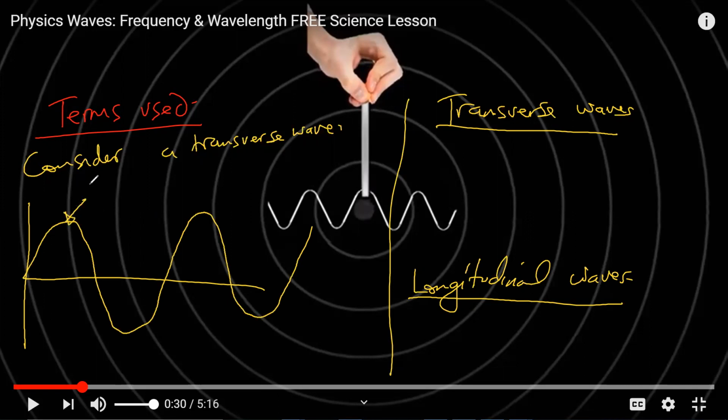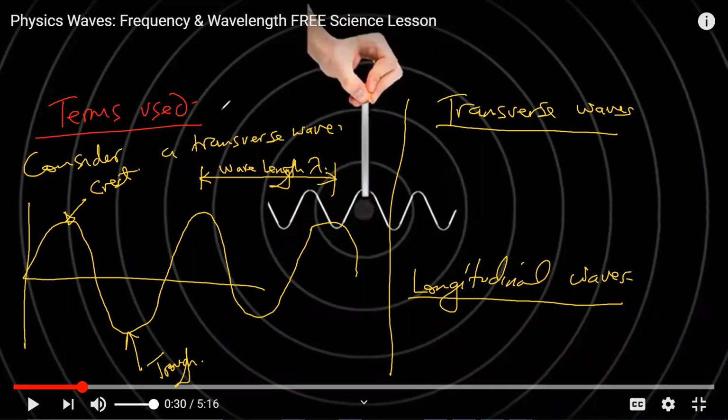What name do you give to this part here? They talked about it in the video. Crest. Crest, very good. This part here, the trough. Very good. How about the distance from this point to this point? Wavelength, lambda. Correct. Then we also had this part here.